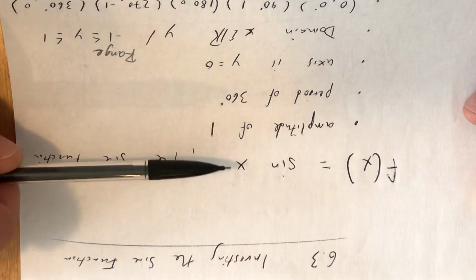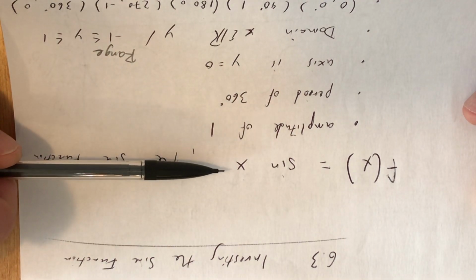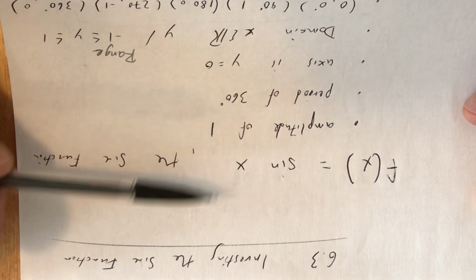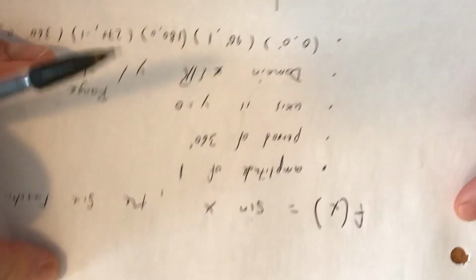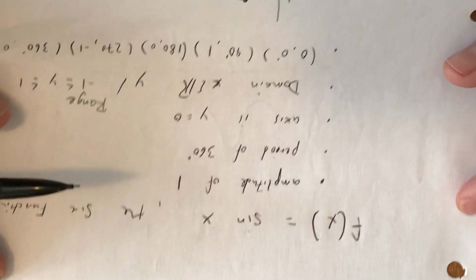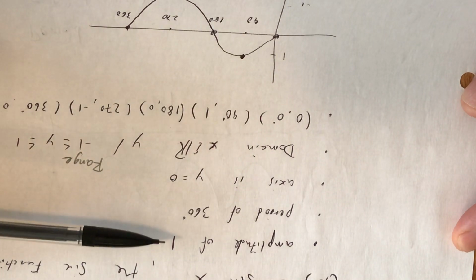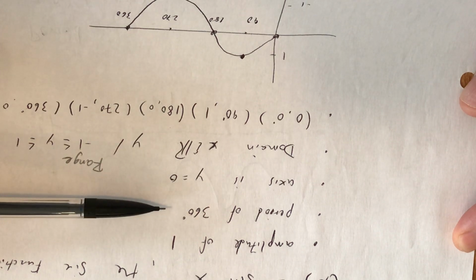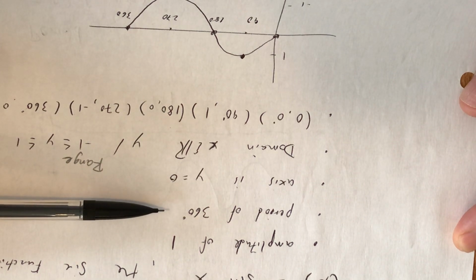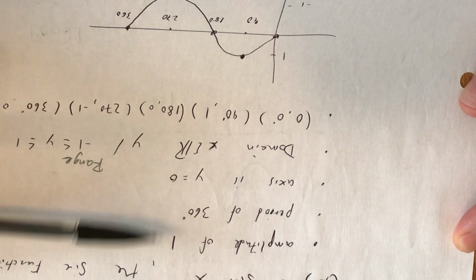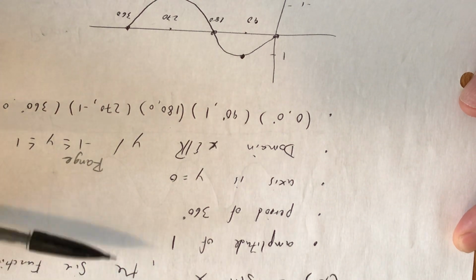First of all, the sine function has the equation f(x) = sin x. This is known as a sine function. It has a few key features, which we'll discuss in a little bit. It has an amplitude of 1. It has a period of 360. Remember, the period from the last section is the time it takes for one cycle to complete.